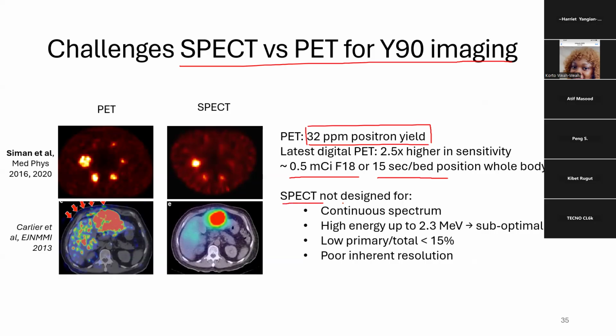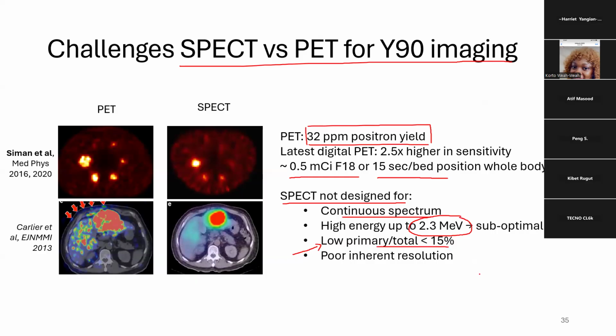SPECT is just not designed to image the bremsstrahlung. Y90 doesn't have gamma emission, so what we're imaging is the bremsstrahlung. It has a continuous spectrum and very high energy, going up to 2.3 MeV. The signal is better than PET, but it's still pretty low.